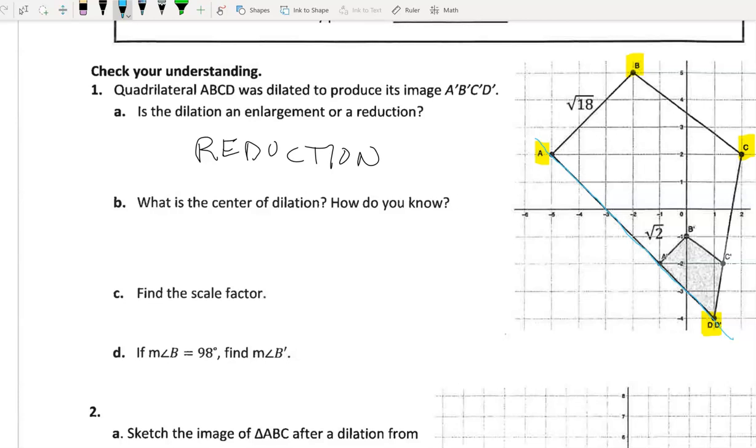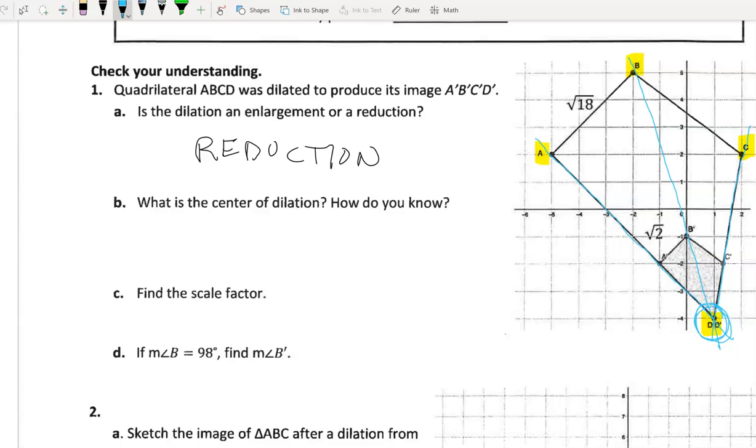Now if I go through B and then through B prime and keep going, it goes through this point down here at the bottom as well. Let's do the last thing for C and C prime. They all go through this point down here, so that's how you know what the center of dilation is.